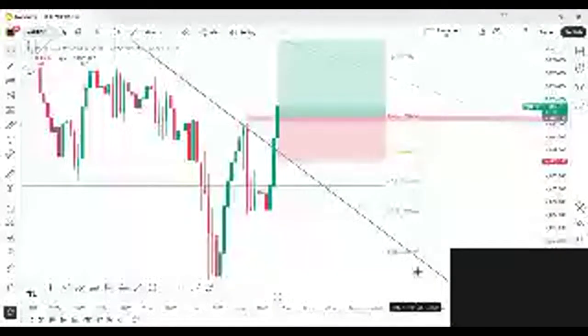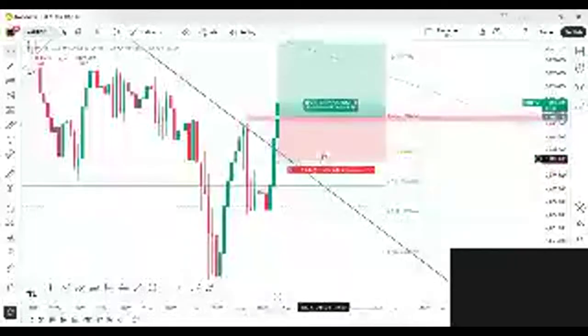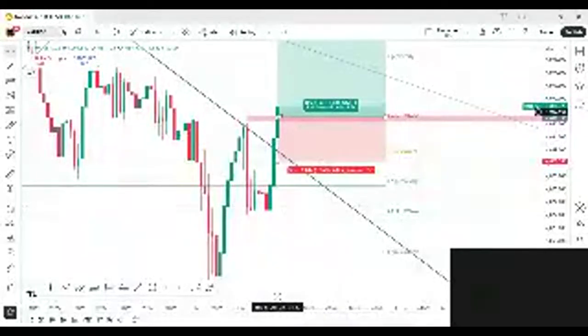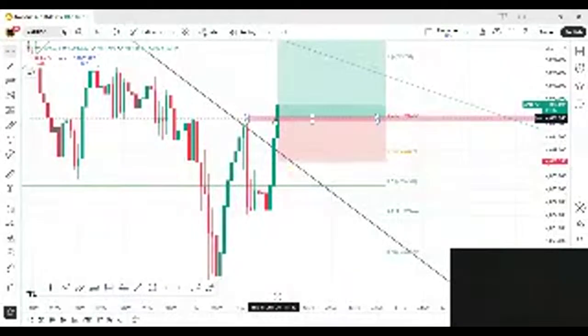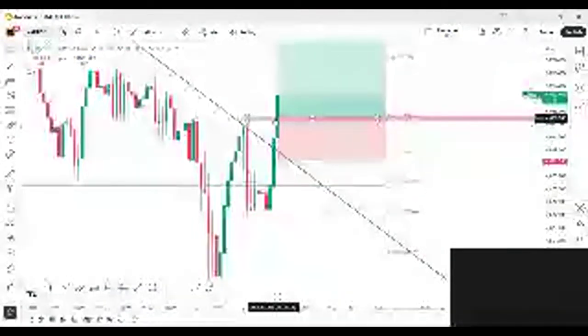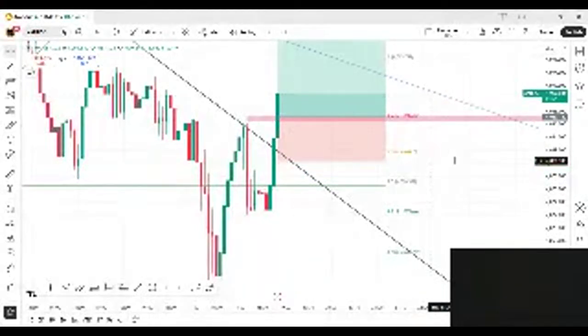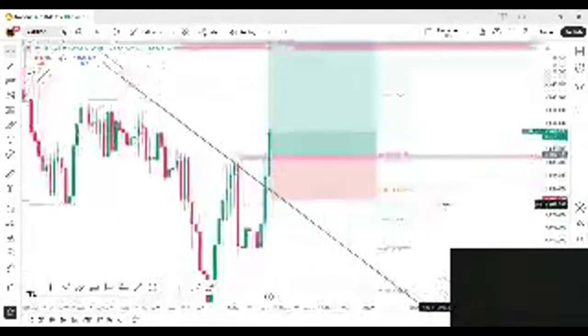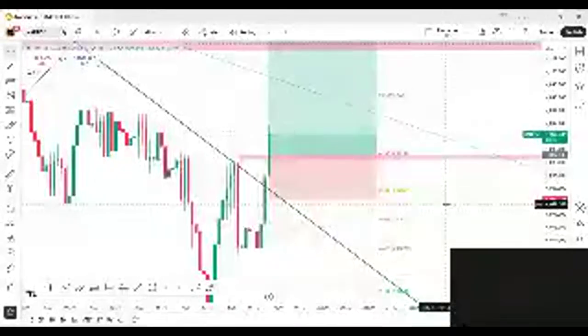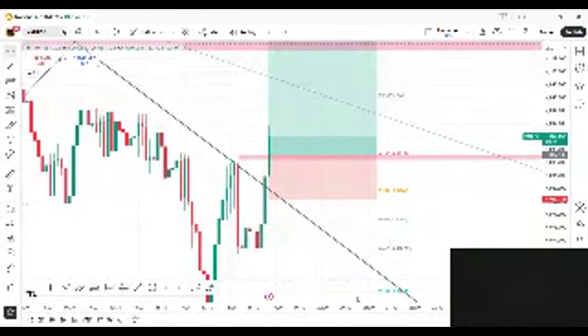I'm waiting a further 2 minutes to see if we get the closing. If the market does not give us the closing at this area, then we will see. You just have to be ready. I will update you in a second in a single go.